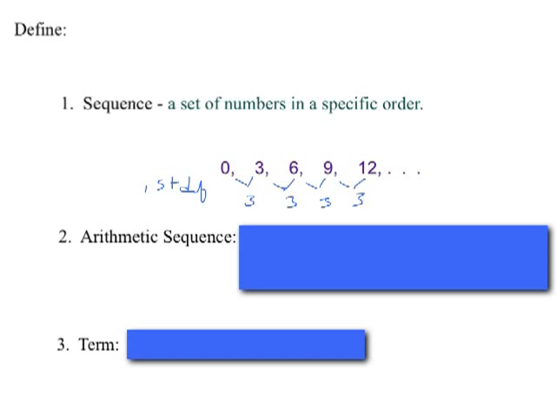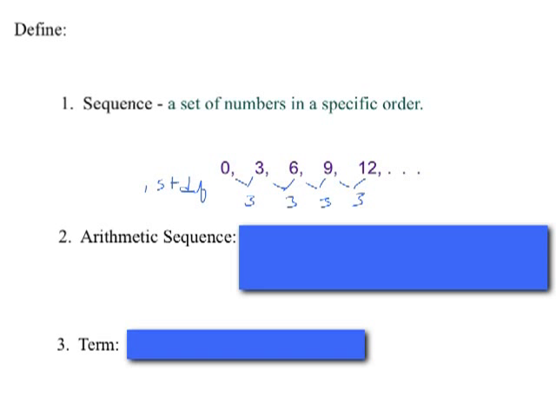Because we received a constant on the first difference, that means it's a what? I can't hear you. What is it? If you said linear, you are correct. So it's going to be a linear sequence because we got a common difference after the first difference.